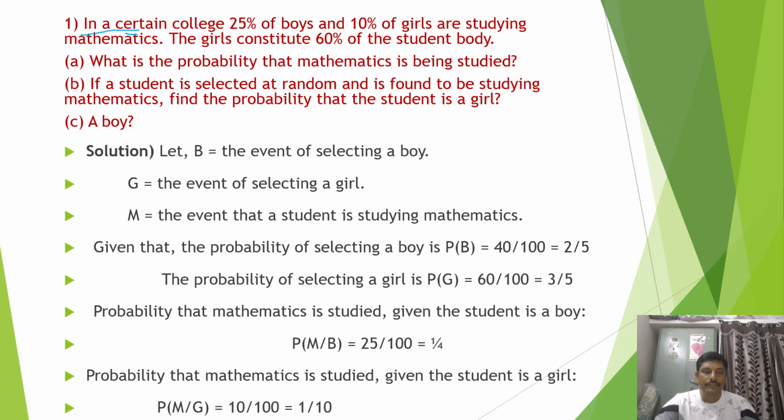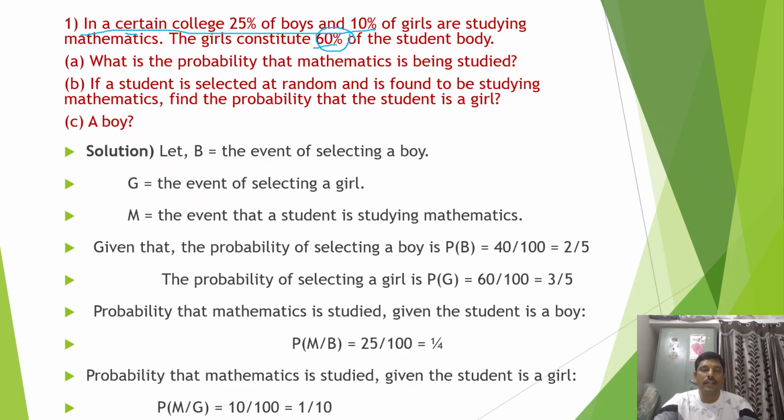Out of 60% of the girls in the student body. So that means particularly in the college, 60% are girls and 40% are boys. If 60% are girls, how many boys are there? 40%. Clear? Because the total is 100%. So 60% girls and 40% boys are there in the college.